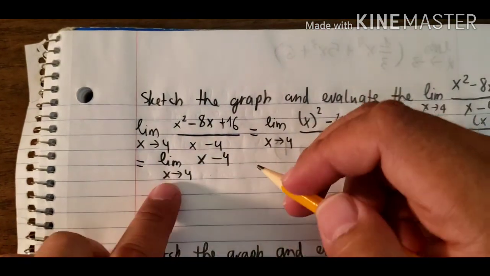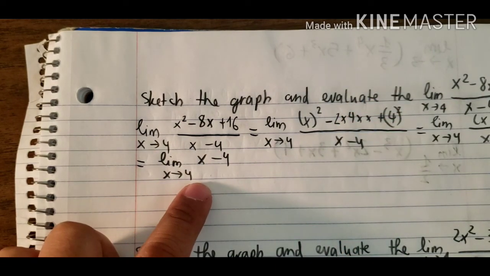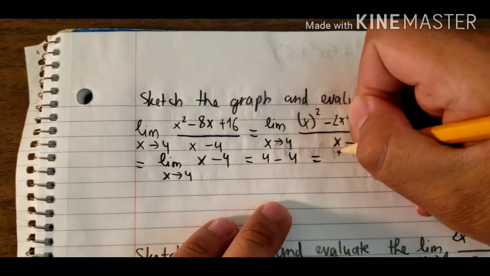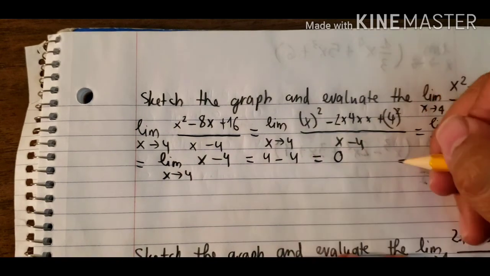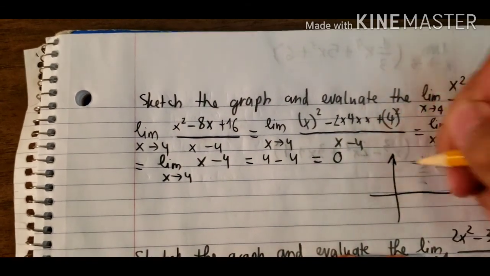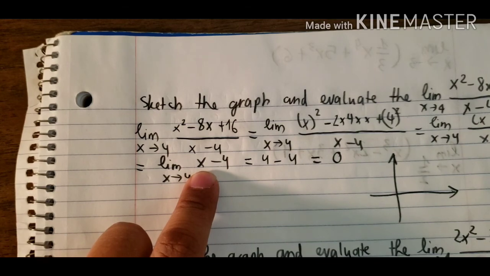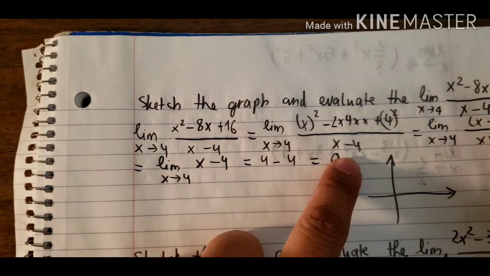So we have the limit in here. This is s goes to 4. So we have 4 minus 4 equal to 0. So the question in here, we have the function, but in the denominator it cannot be 0.